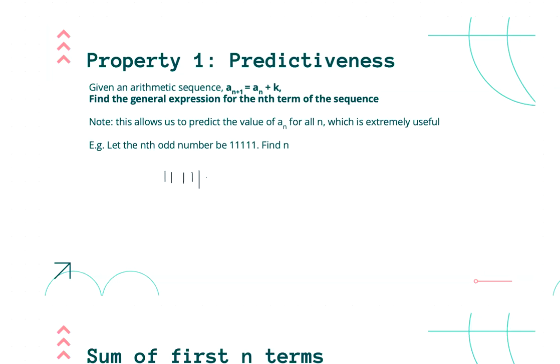So this number equals 2n minus 1, so 11,112 equals 2n, and therefore n equals 5,556.